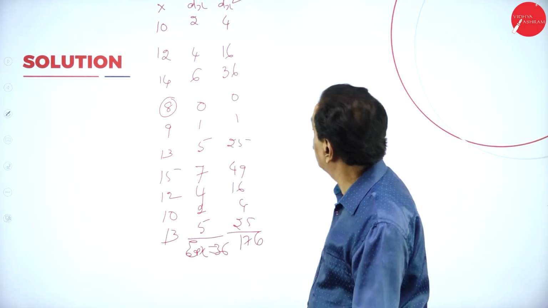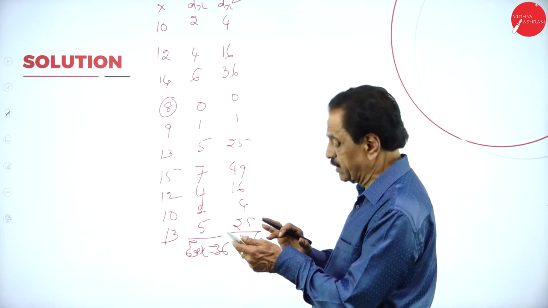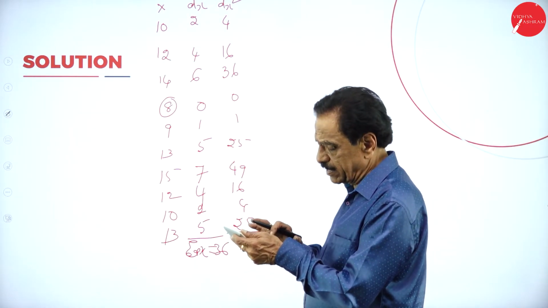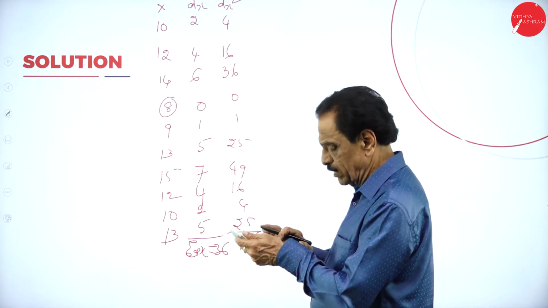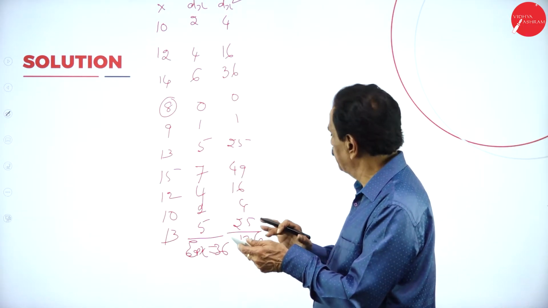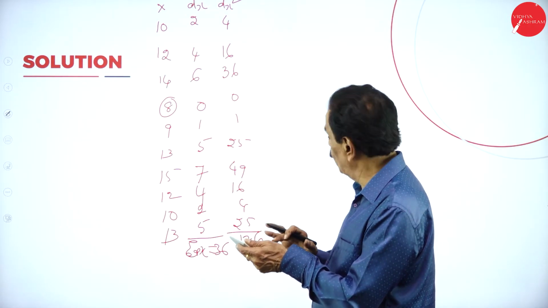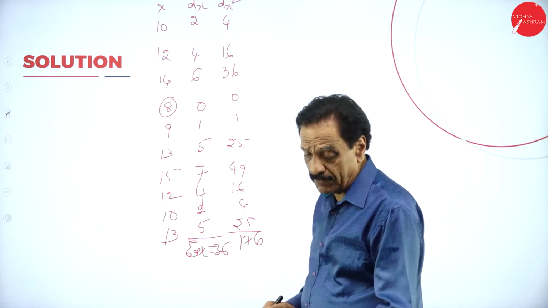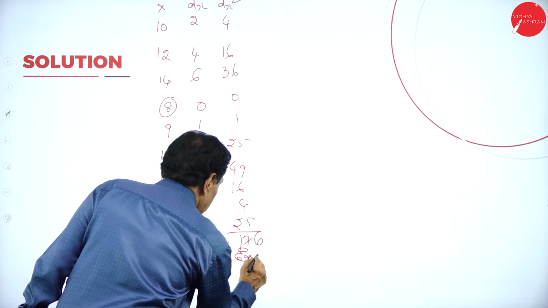Check in the calculator: 4 plus 16 plus 36 plus 1 plus 25 plus 49 plus 16 plus 4 plus 25, 176. What is this? Sigma dx square.